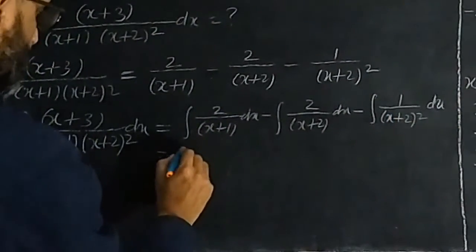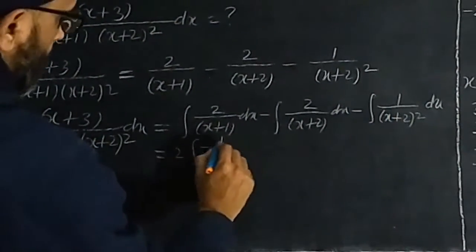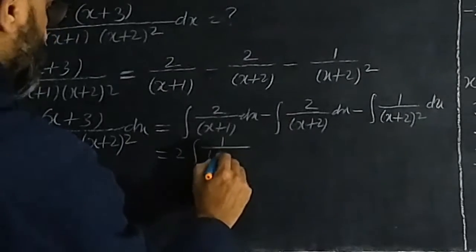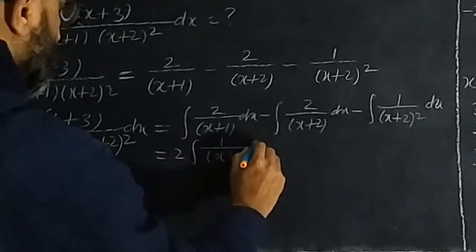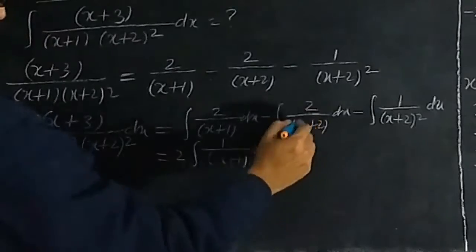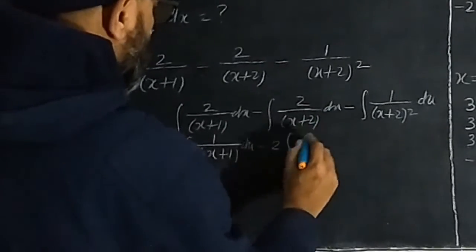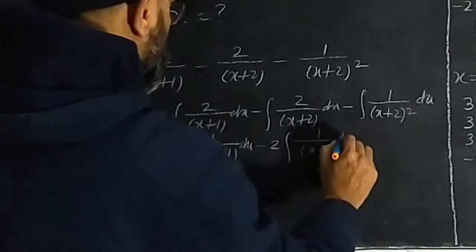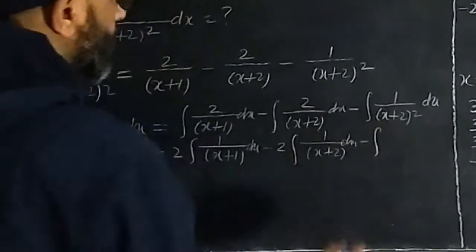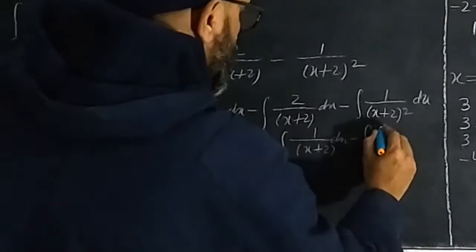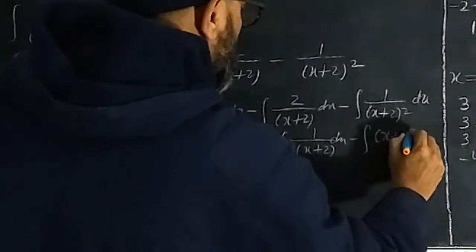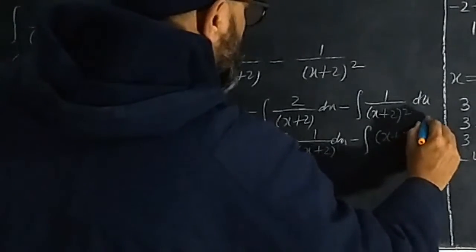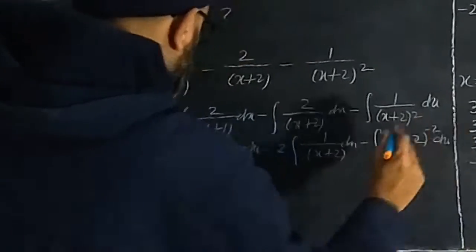So here 2 may be taken out, we get inside only 1 upon (x plus 1) dx, and minus again 2 here, we get 1 upon (x plus 2) dx, and minus integral, and we may write this as (x plus 2) raised to the power minus 2 dx.